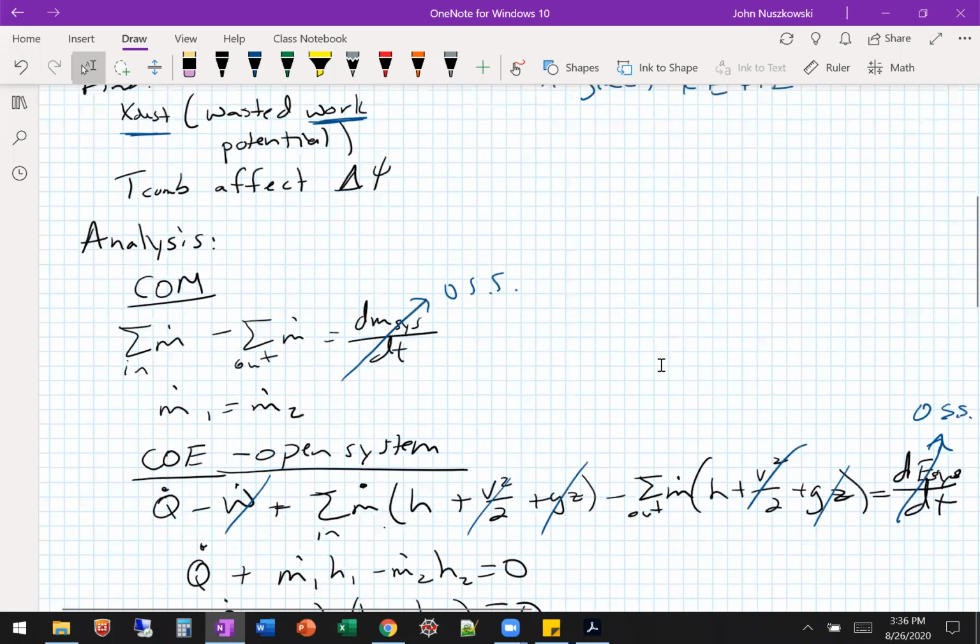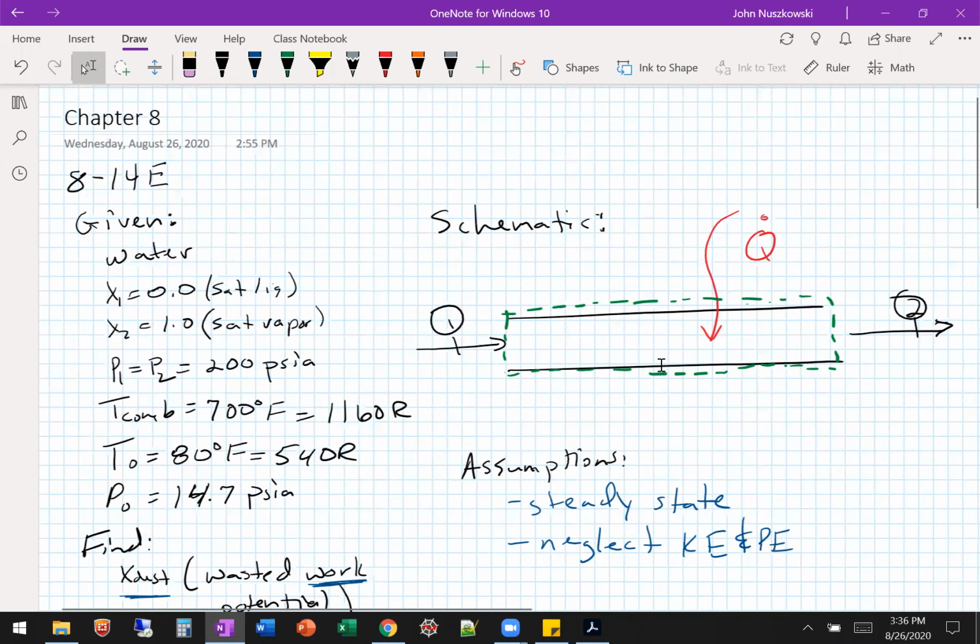So we go back to our schematic, and that's the temperature right here, right? The temperature at which we're crossing the boundary, and that's going to be T combustion, okay? Because they're asking for the wasted work potential associated with this heat transfer process.